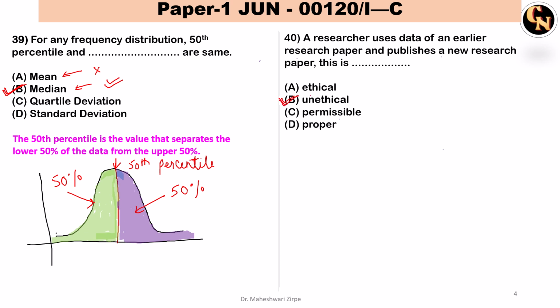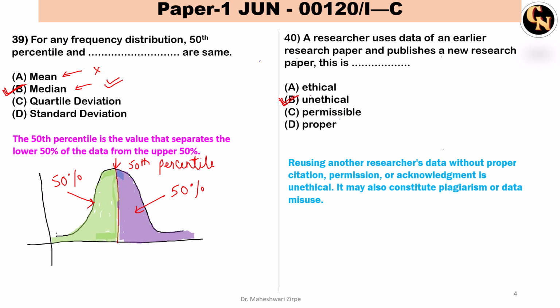So the correct option is B. Reuse of another researcher's data without proper citation, permission or acknowledgement is unethical. This also constitutes plagiarism or data misuse. So we should always acknowledge if you are going to use anyone's data, and even your own data, you have to take the permission of the publisher whether I can use that data again. So the correct option is unethical, that is option B.